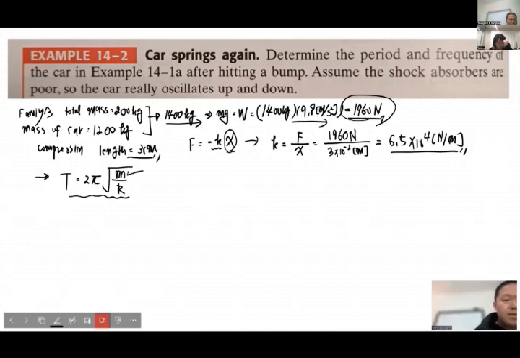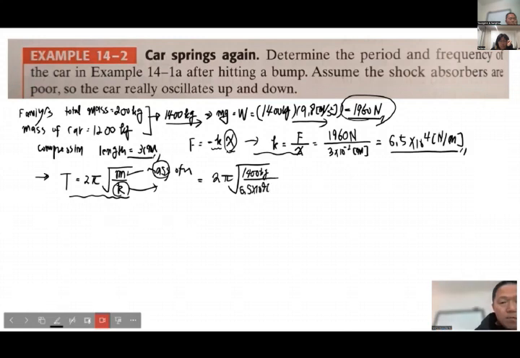So that is the mass of the family, and this is the spring constant we just got from Hooke's law. If you plug numbers into this formula, then period should be 2 pi square root of 1400 kilogram over 6.5 times 10 to the 4 Newton per meter.